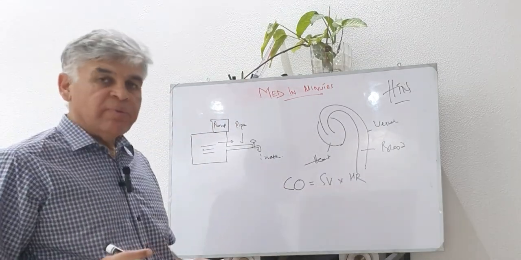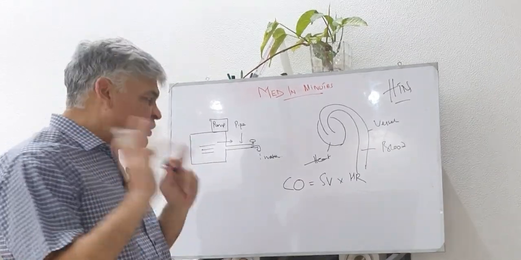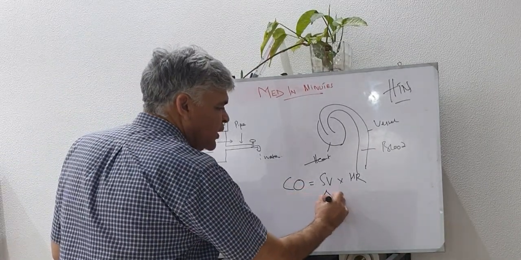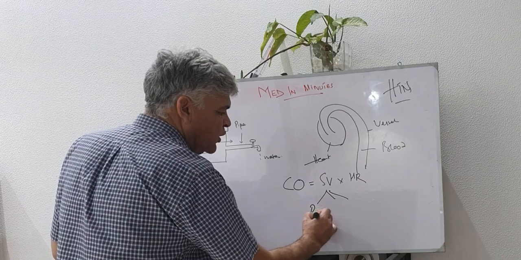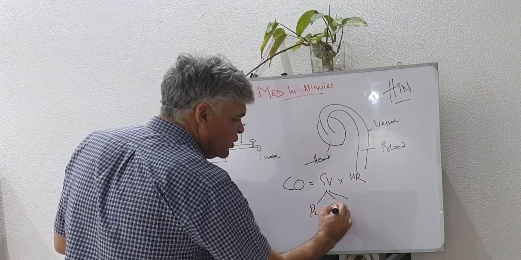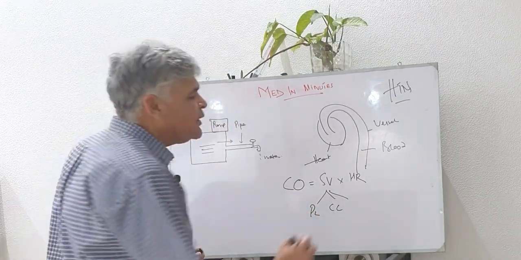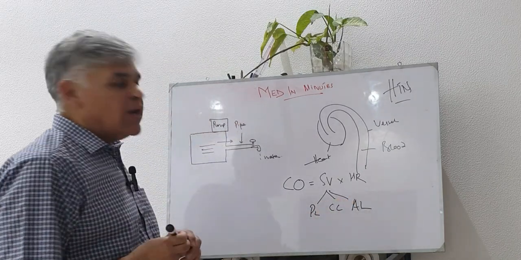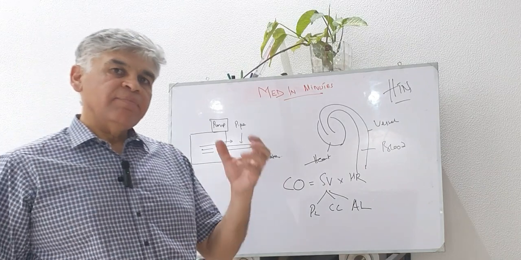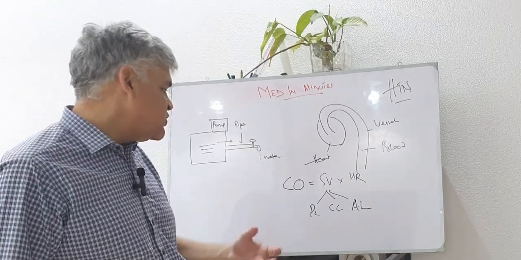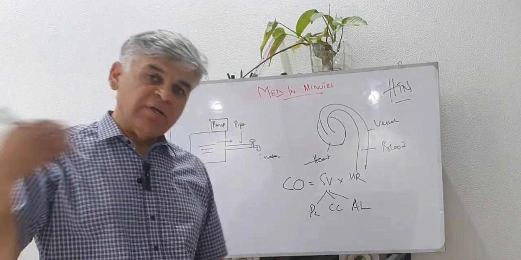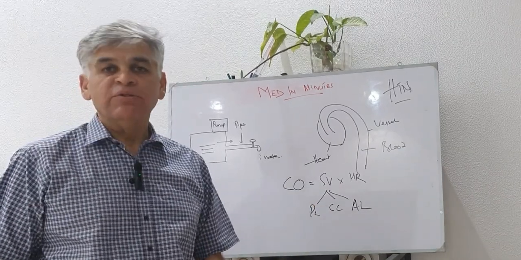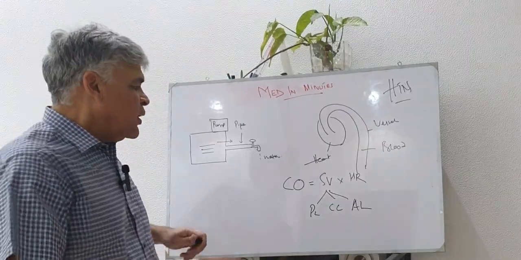The stroke volume comprises three different elements: the preload, the cardiac contractility, and the afterload. Cardiac contractility means the strength of the myocardium when it pushes blood. Preload is how much blood is coming in, and afterload is how much resistance it has to face.